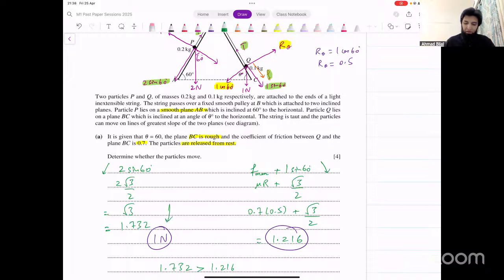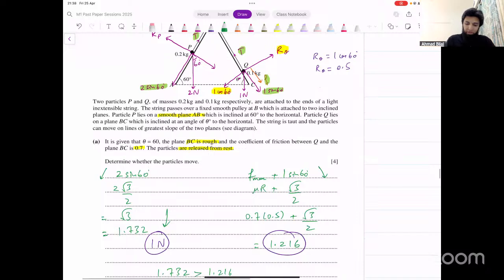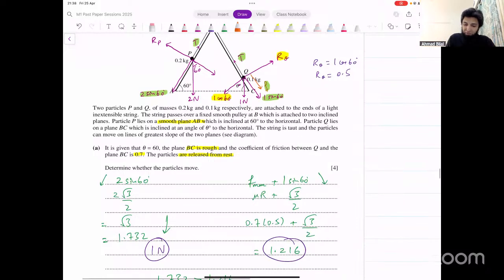If this was 1 Newton and this was 1.216, the particles will remain at rest. It's not that the particle is going to start moving downwards. No. Because in that case, friction would start acting in the opposite direction, and it will not let the particles move in the downward direction. Okay.